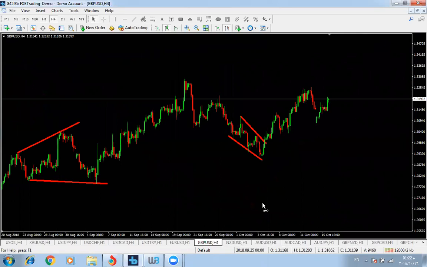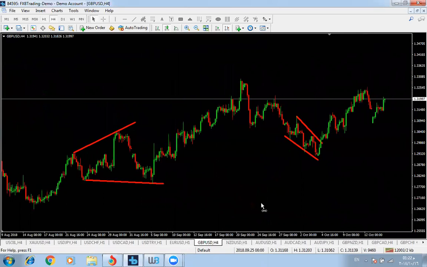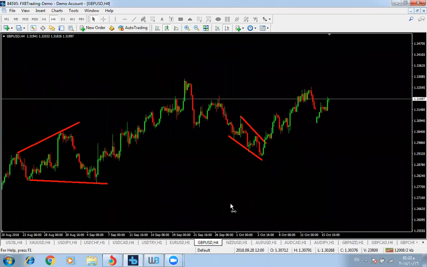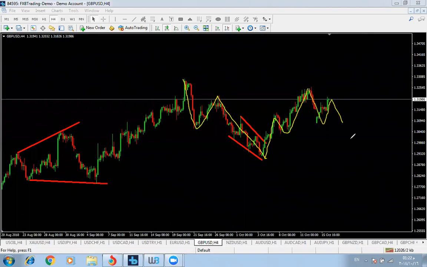Let's move into the pound. The pound is moving correctively at the moment. We have moved to the downside in the form of ABC, then to the upside ABC. You might anticipate this movement to the downside, completing this.